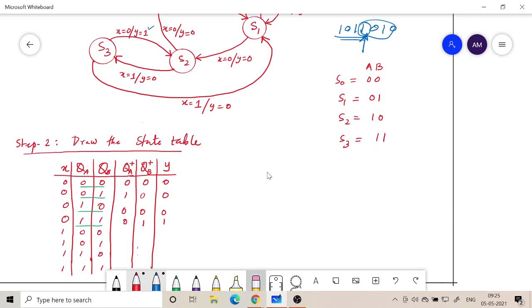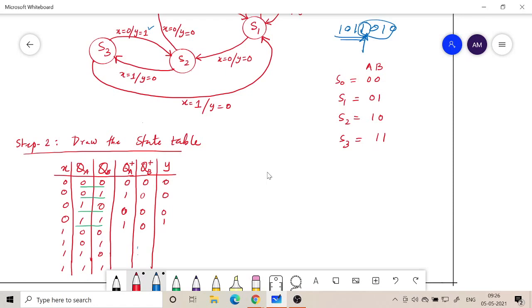Okay, I have to do it carefully. So I am at S3. S3 is basically 1 1, and if I get 0, y becomes 1, and I go to S2. S2 is 1 0. Then next I am again at 0 0.